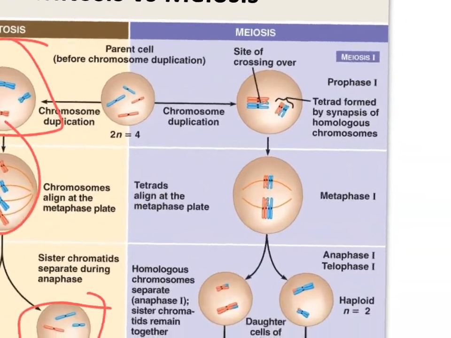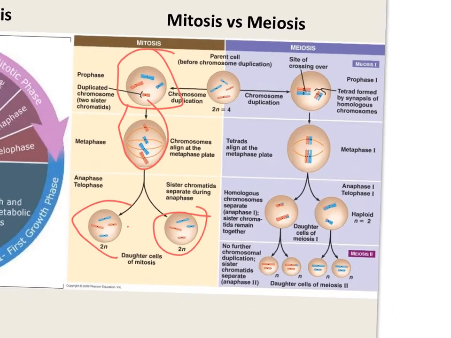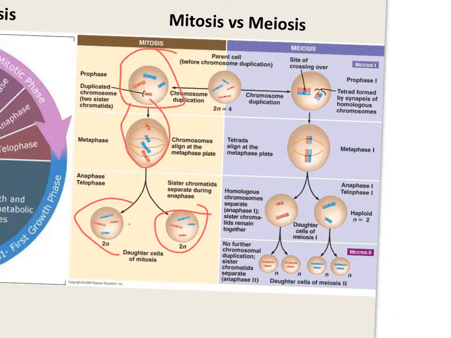Now, meiosis, this only happens in germline cells. They go through two phases, meiosis 1 and meiosis 2.